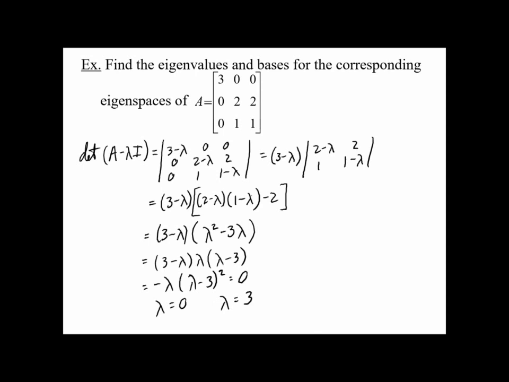All right, let's now find the corresponding eigenvectors, or the bases for the eigenspaces. So let's start with lambda equals 0. Now let's remember I'm solving the equation A minus 0I times x equals 0.